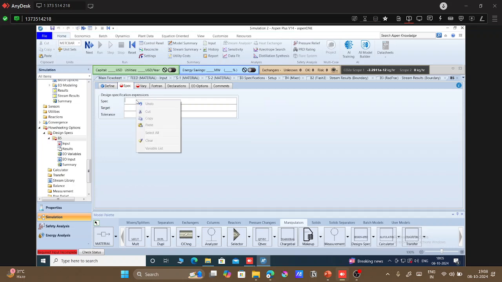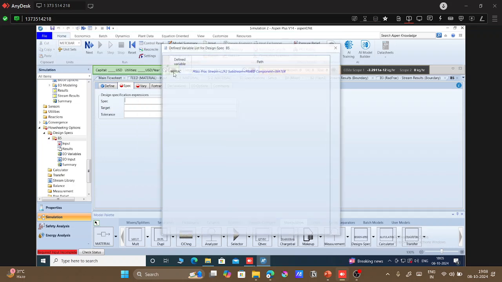Now we will provide its value. Okay, so put water fraction in our specification column.